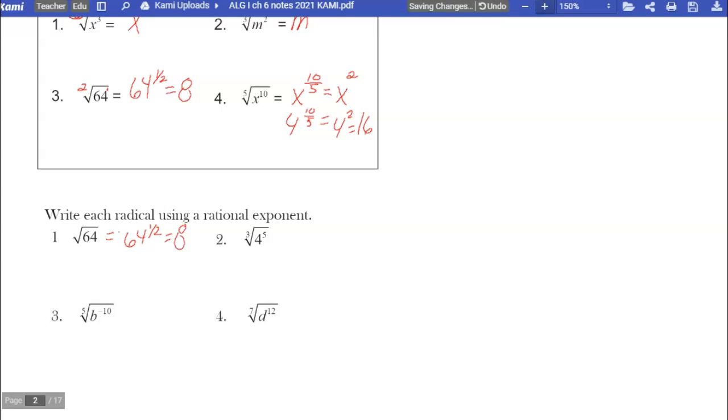But when we don't have variables, sometimes they're not going to simplify. So this one here becomes 4 to the 5th over 3. Okay, and if you had your calculator, you'd probably be able to simplify that further, but we'll leave that one as is. Down here, d to the 12th over 7.